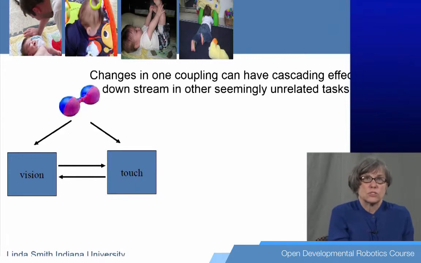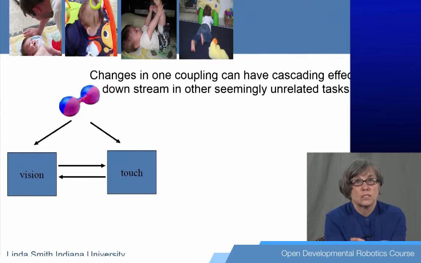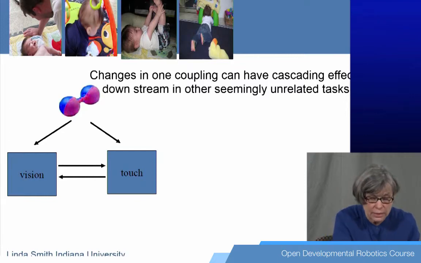The other thing that's interesting, in terms of advancing work in developmental psychology, is that a number of labs are going after these ideas and showing that changes in one coupling, so what you might learn about vision through touch, or what you might learn about touch through vision and playing with a rattle, can have cascading effects downstream on seemingly unrelated tasks.